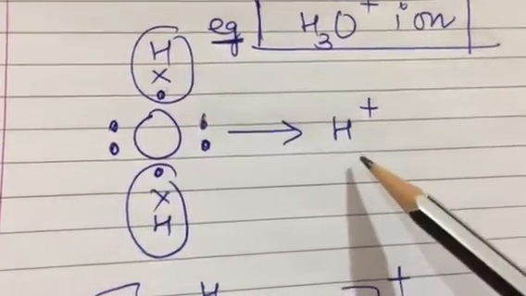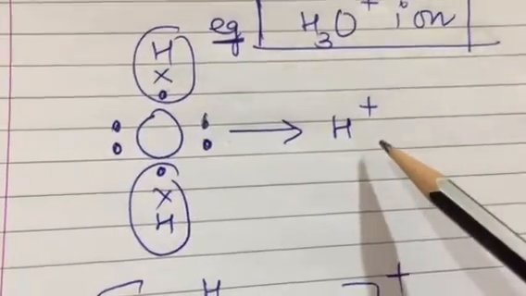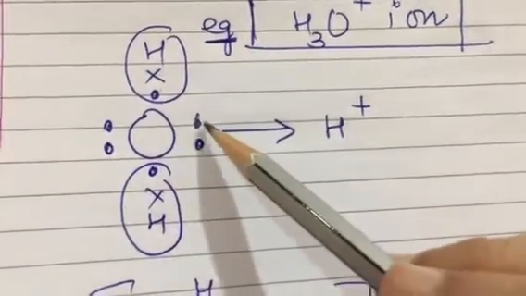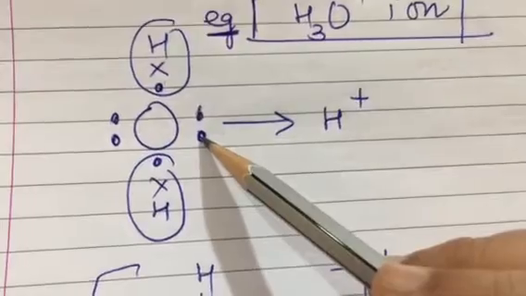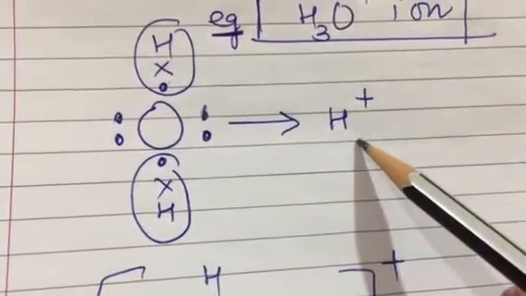So we have a possible completion of the duplet for hydrogen by the donation of this lone pair of electrons towards H plus 1.